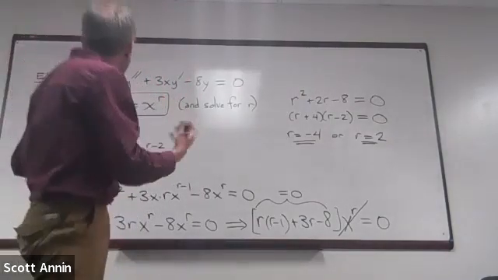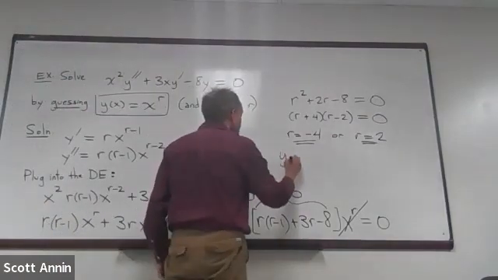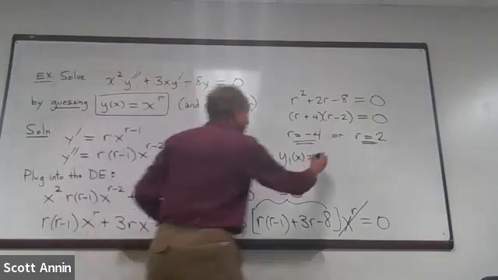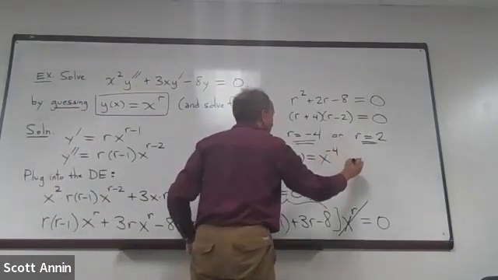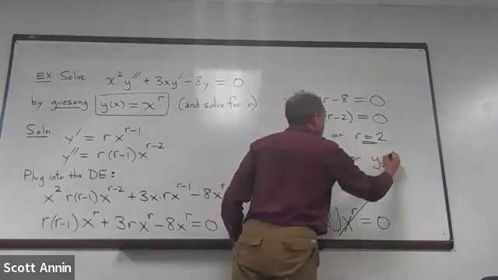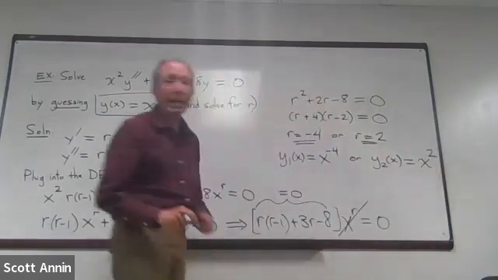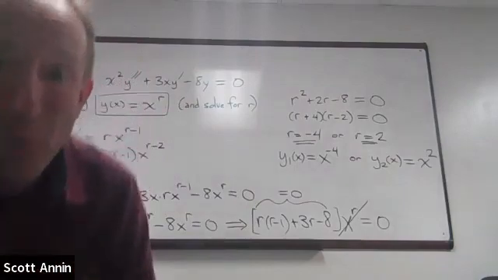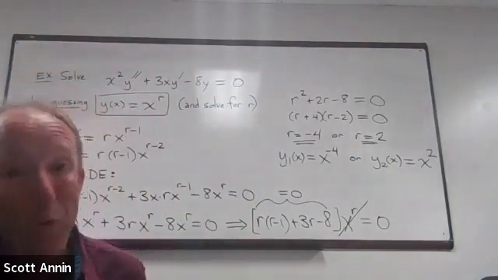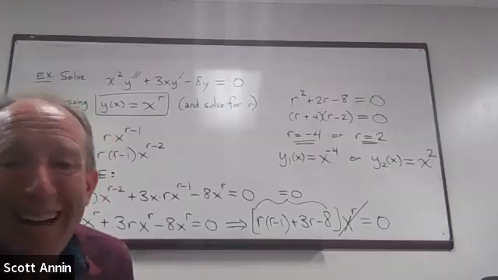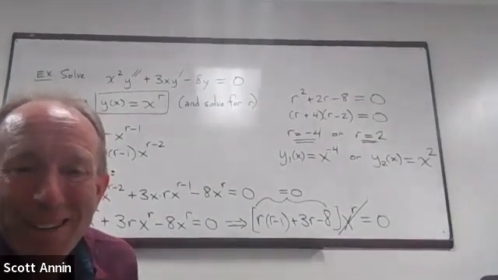And so we create basically two solutions. x to the negative 4 power, or my second solution, x squared. They both actually work. So we found a couple of values of r that actually work.